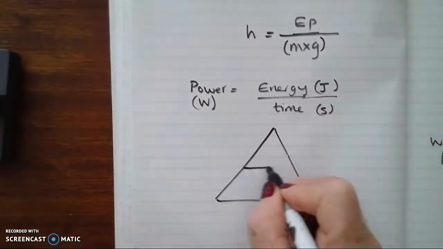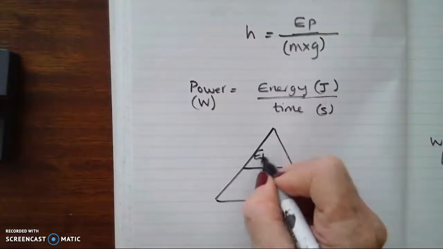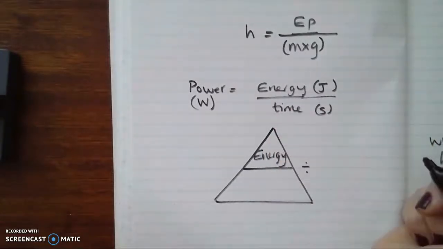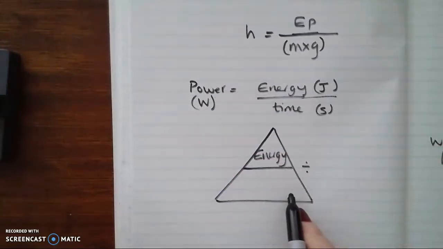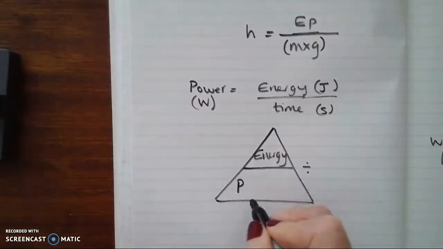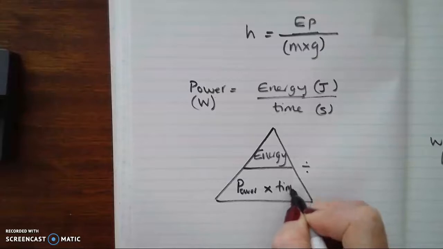So it's really simple. We draw in our dividing line, and we pop the energy up on the top because it's already above the dividing line in our equation. Then this time the other two things go into the bottom, and they have to be multiplied by each other on the bottom, because that's the rule. So our power times our time.